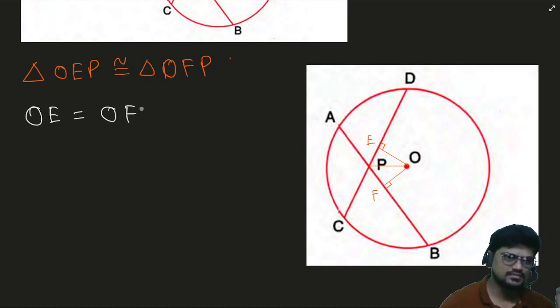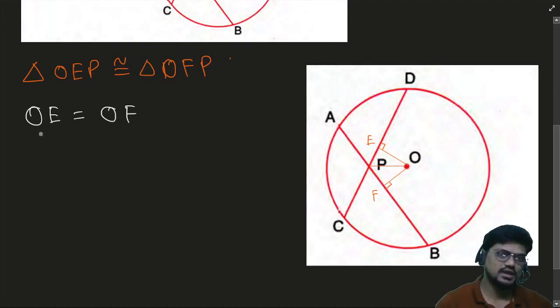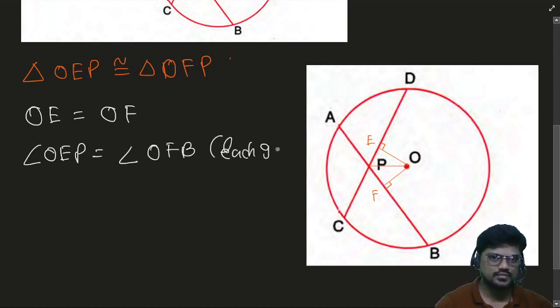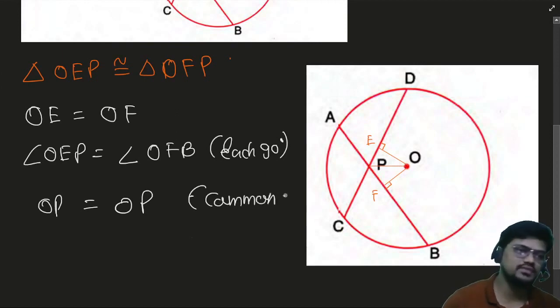This is the reason. The second one is the angle: angle OEP is equal to angle OFP. Why? Each is 90 degrees. And the other one is OP equals OP. Why? It is common. Therefore, you can say that the two triangles are congruent by which test?